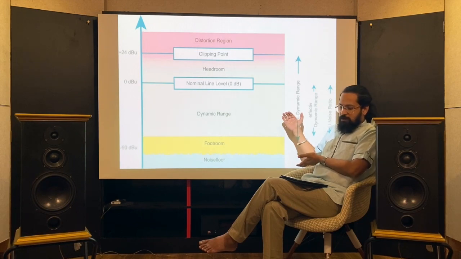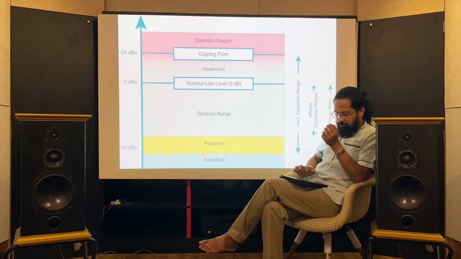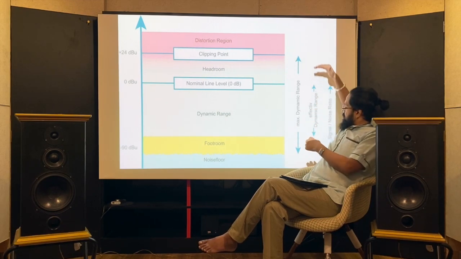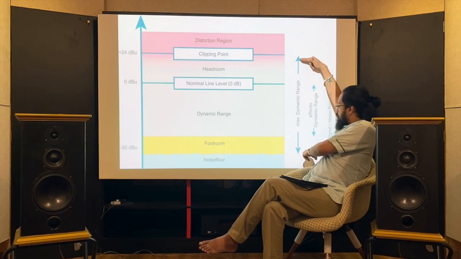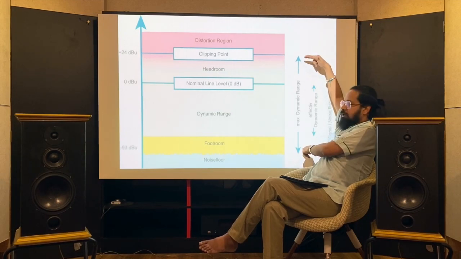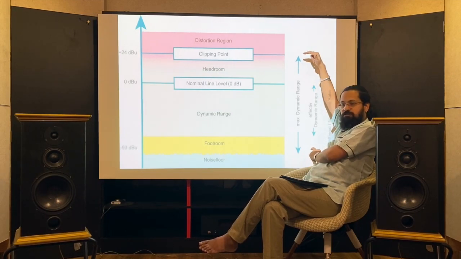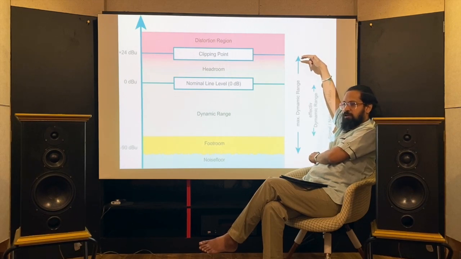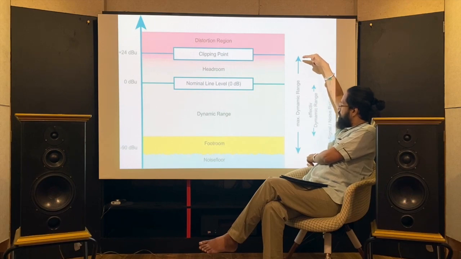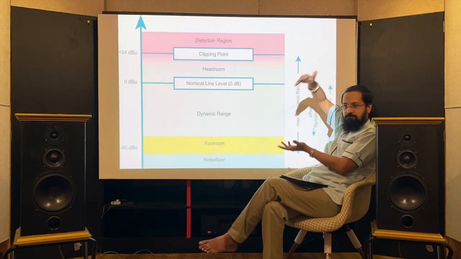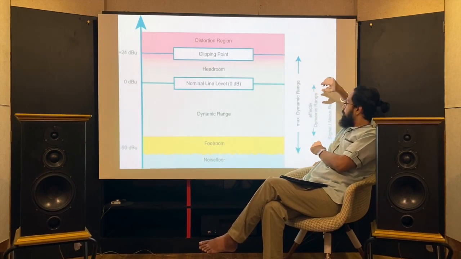So this is what dynamic range is all about. This is the maximum dynamic range that an audio engineer tries to accommodate within his recording. And since that audio engineer recorded it this way, he would be assuming that you would utilize this entire dynamic range in your reproduction equipment.